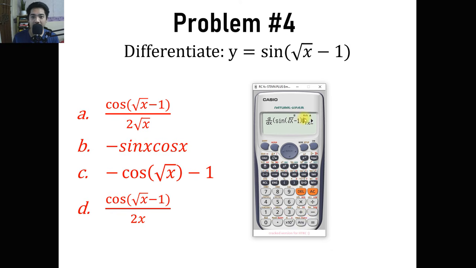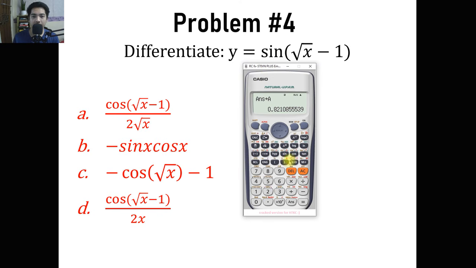Because this parenthesis is for the whole derivative, so be careful on the parenthesis. So let's try to use again 0.3. It's up to you if you use 0.1 consistently, 0.3, 0.5. Okay? So 0.3, shift store to our variable A, then try to calculate the answer.